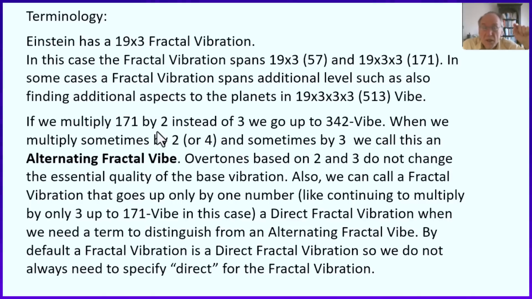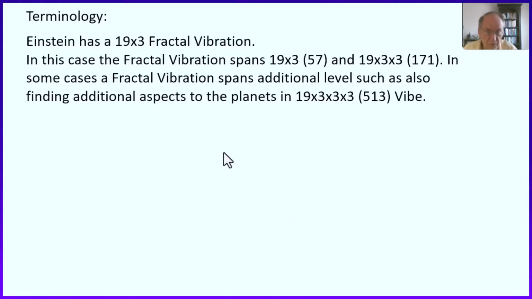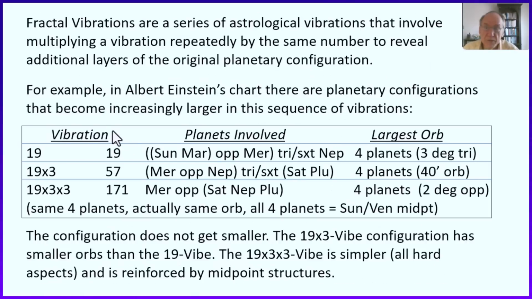If we multiply by 2 to go up to 342, that's an alternating fractal vibration. So if we stop at 171, let's go back to this table. If we stop here at 171, we've taken 19, multiplied it by 3, multiplied by 3 again, that's a fractal vibration. If we do one more step and multiply by 2, why do we want to multiply by 2?